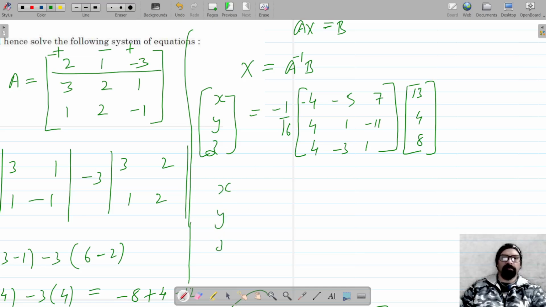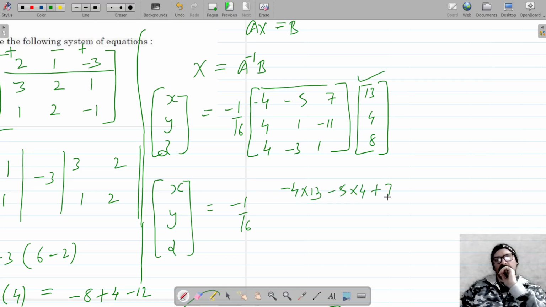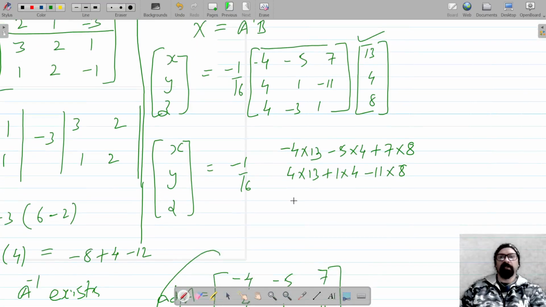So x, y, z matrix is equal to negative 1 by 16. Let's multiply this. Using the first row and the column, negative 4 into 13, negative 5 into 4 plus 7 into 8. This is the first element. And 4 into 13 plus 1 into 4, negative 11 into 8.